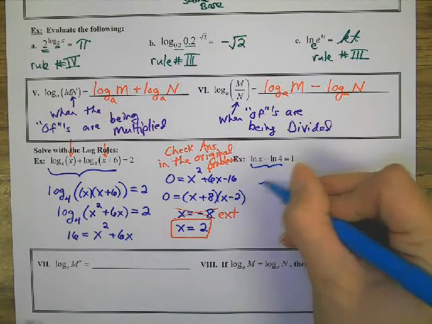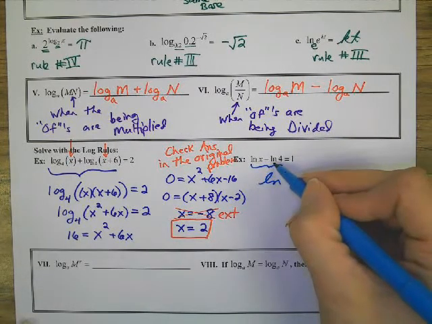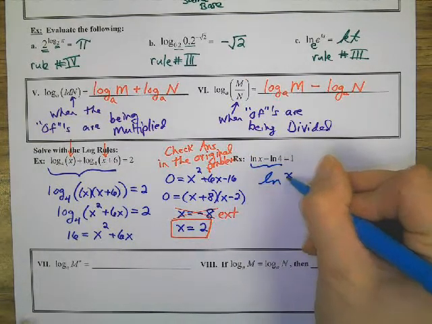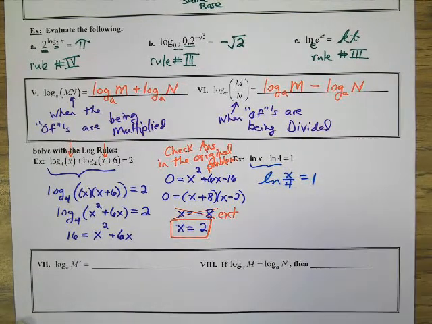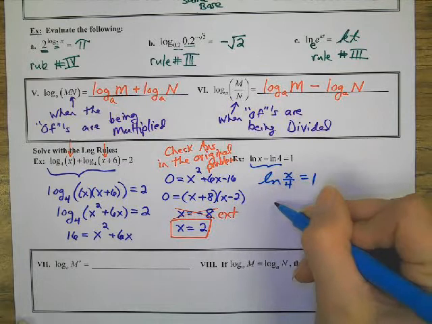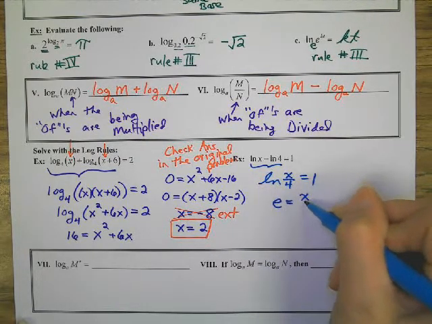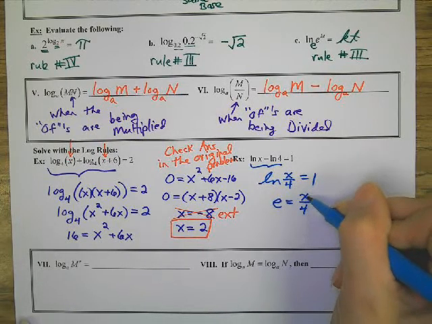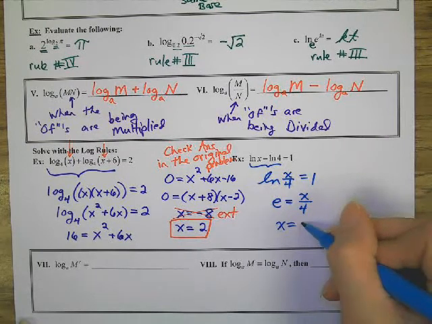The base is invisible, e to the power of 1 equals x over 4. X is still not solved. Let's multiply both sides by 4. X equals 4e. 4e, that's going to be a positive. Can I do natural log of a positive? Absolutely.